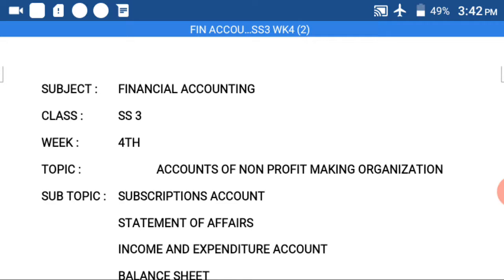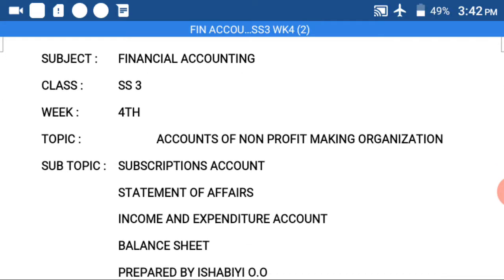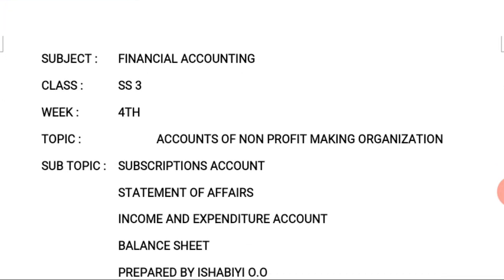e-learning program for the senior secondary school, and this class is meant for the senior secondary school 3, the final year students preparing for their West African Examination Council exams as well as the National Examination Council exams.